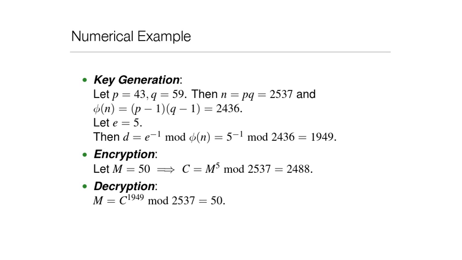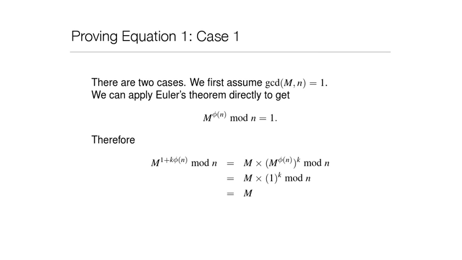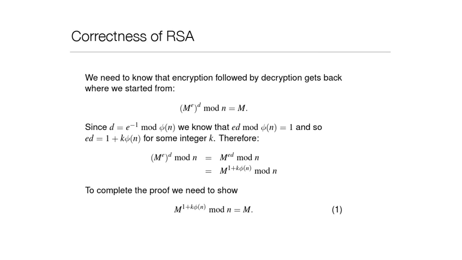So this is a numerical example of how the encryption and decryption happens in RSA. And I'm not going to talk about the correctness of RSA, which is more heavy on the theoretical side. If you like, you can read this and understand.